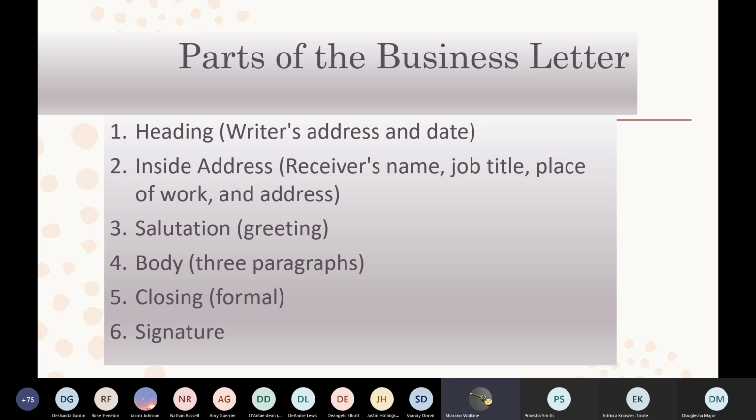So with the formal letter, the goal is to get to the point. If you have multiple points, get to them quickly. So the body is about 3 paragraphs, and then the closing.